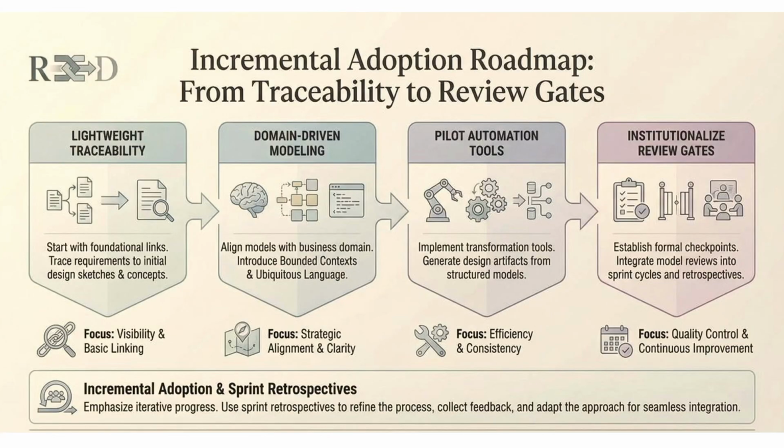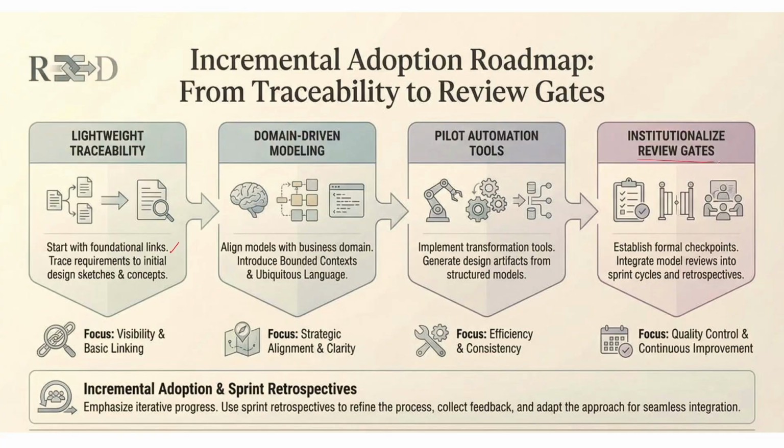So here is another simple example of how you can move forward. You have lightweight traceability. So you have the foundation link, the traceability of requirements to initial design sketches and concepts, followed by aligning to a domain driven model. You can go for pilot automation tools, and you can go for review.